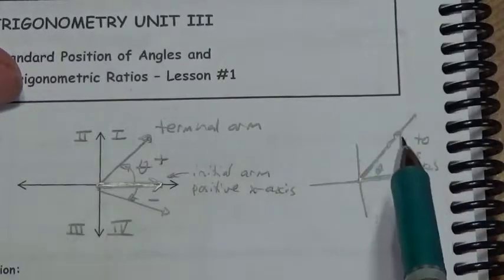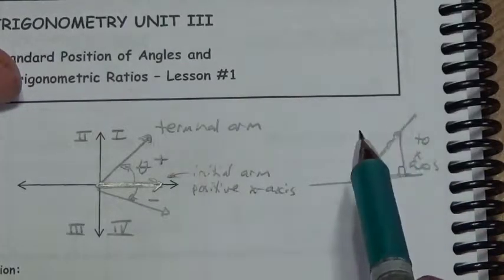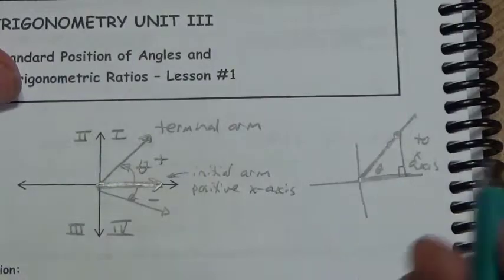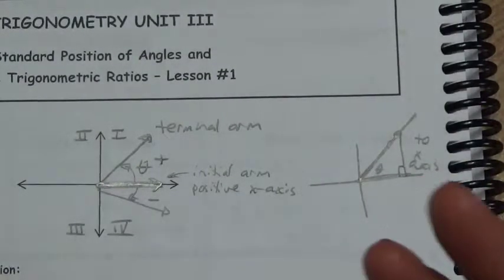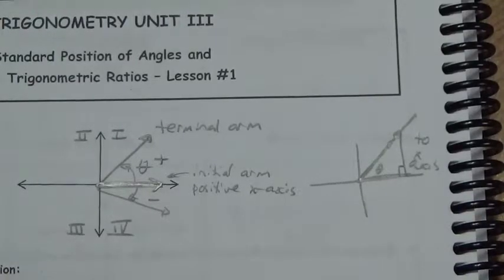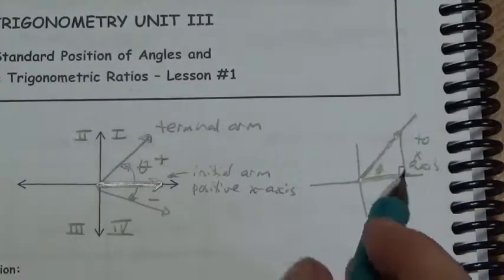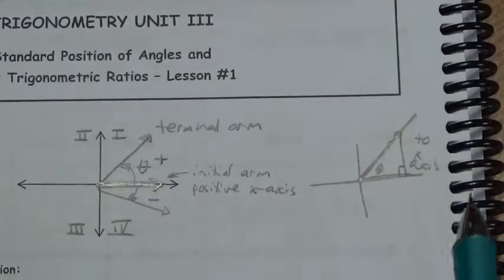If you ever draw that right angle to the y-axis, what you're going to end up doing is changing the definitions of sine, cos, and tan. Now could we do it that way? Yeah, we could, but we don't. We don't define it that way. We stick to this pretty strictly.